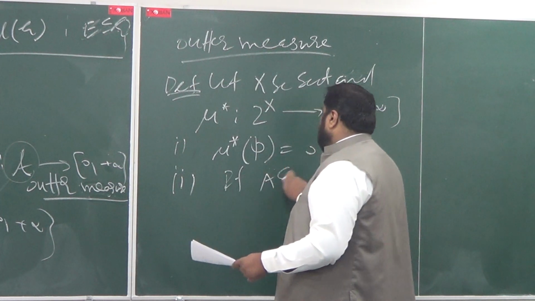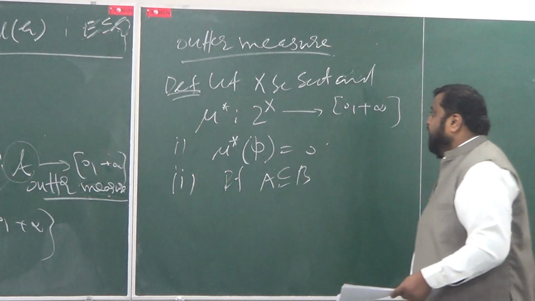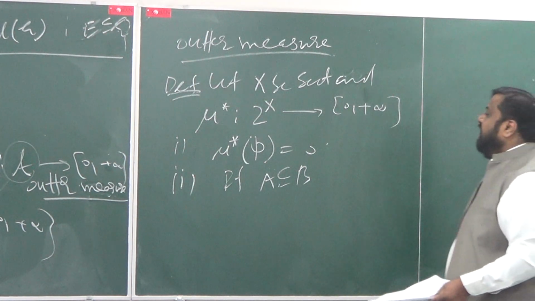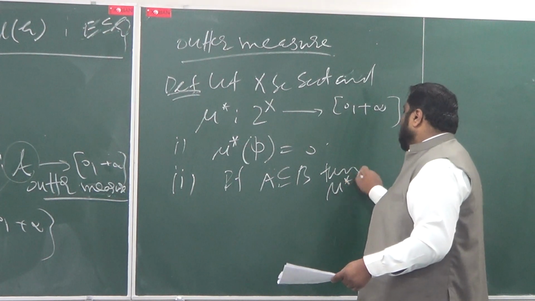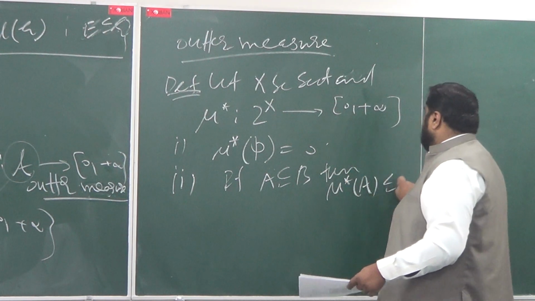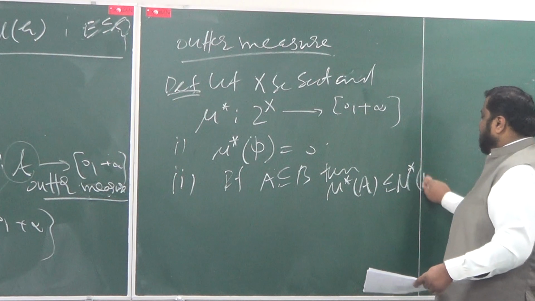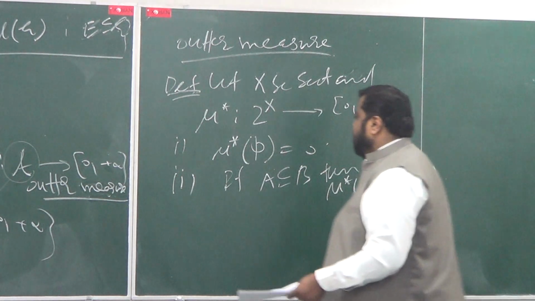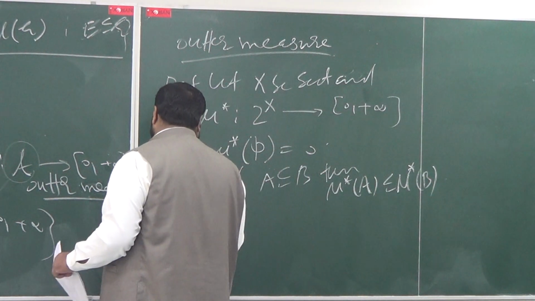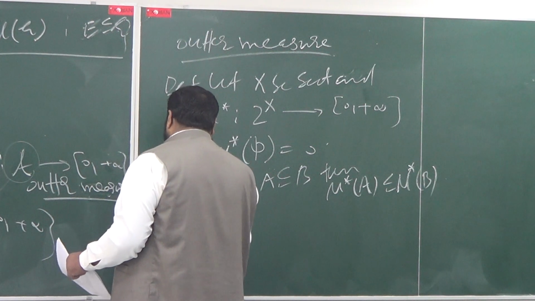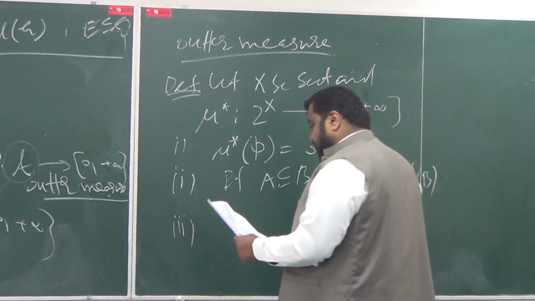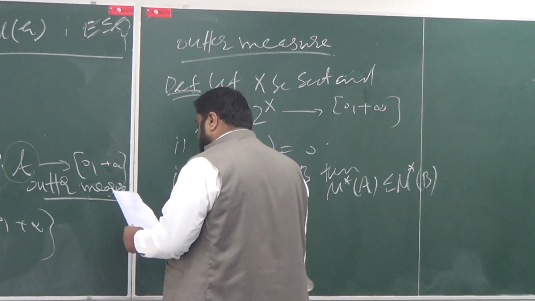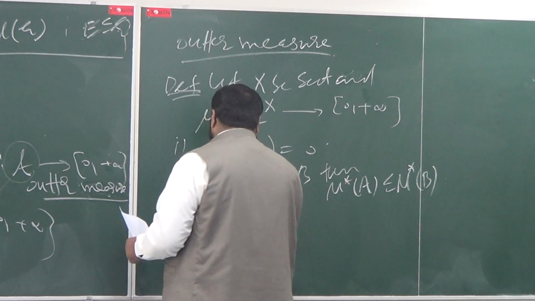In other words, if A is a subset of B, where A and B are subsets of X, then mu star of A should not exceed mu star of B.